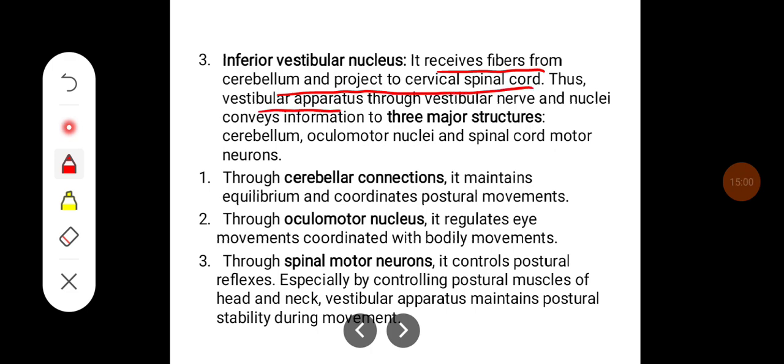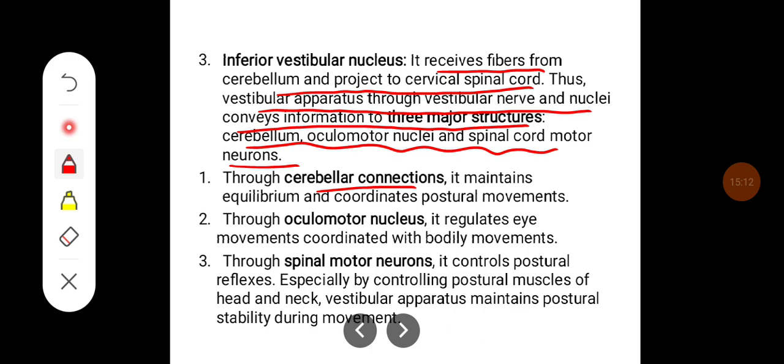Thus, the vestibular apparatus, through the vestibular nerve and nuclei, conveys information to three major structures, that is the cerebellum, oculomotor nuclei and spinal cord motor neurons. Through cerebellar connections, it maintains equilibrium and coordinates postural movements. Through the oculomotor nucleus, it regulates eye movements and coordinates them with body movements.